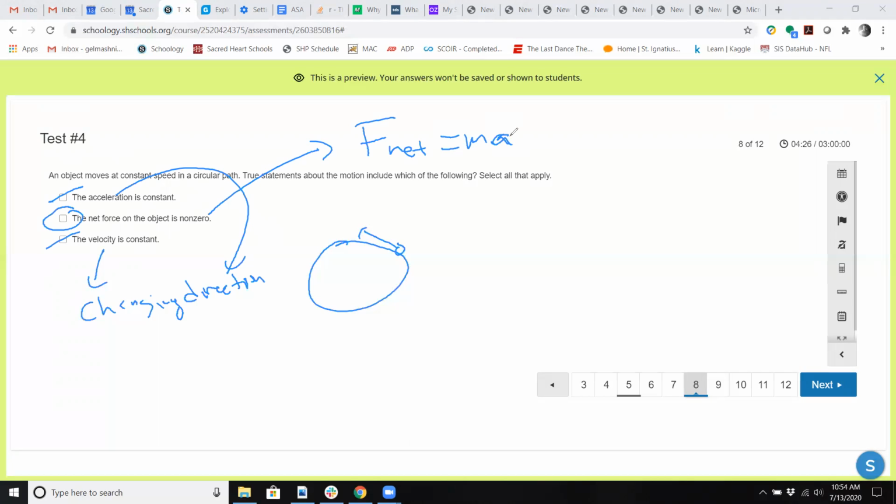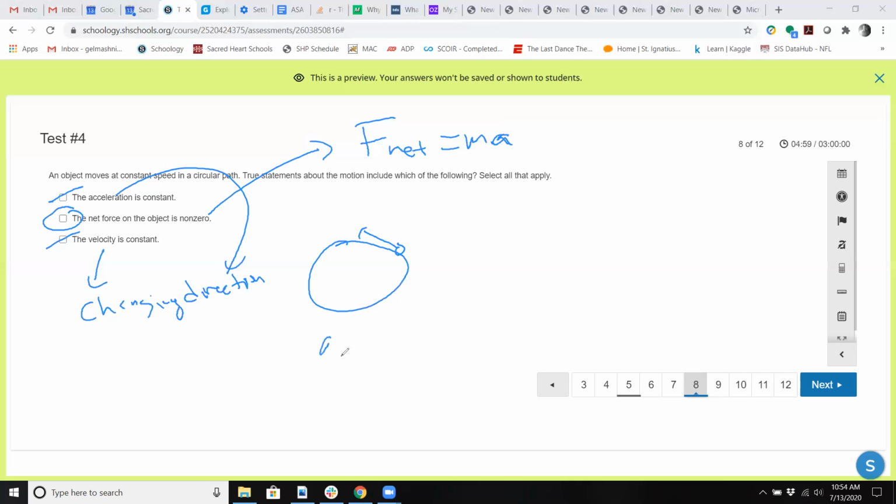Even if you're moving at constant speed, it is a circular path, so you are changing direction. So velocity is not constant. And the acceleration, well, the acceleration could change. Actually, come to think of it, that one might be, well, actually depends.